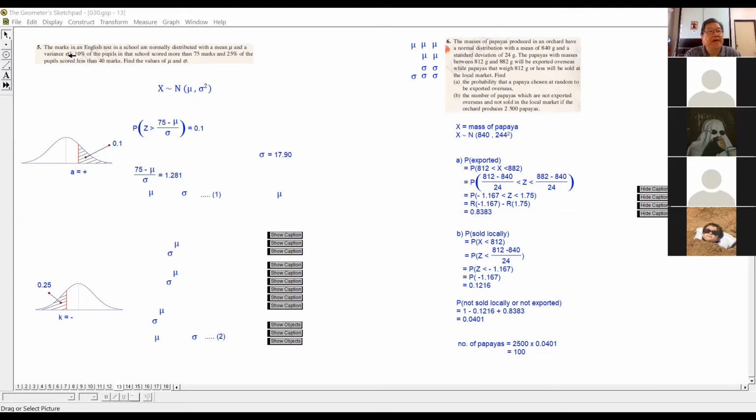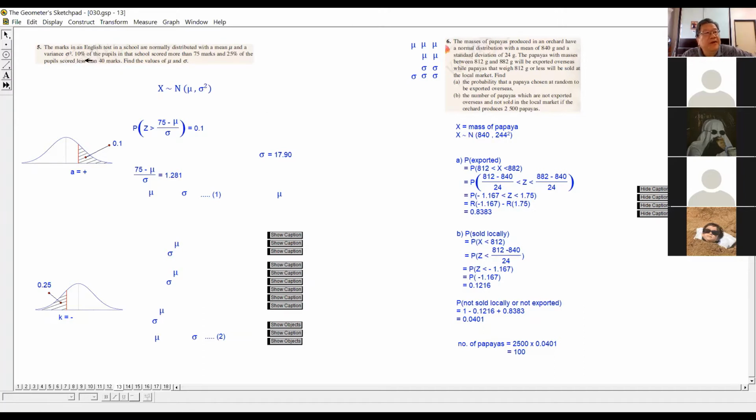We don't know the value of the mean and the variance or the standard deviation. So the distribution is like this: X is distributed normally with mean equal to mu, variance equal to sigma square.